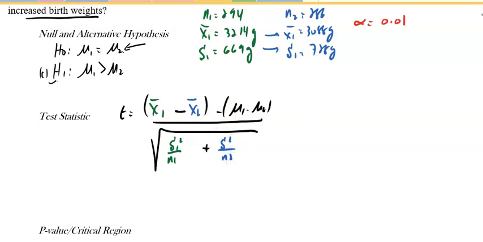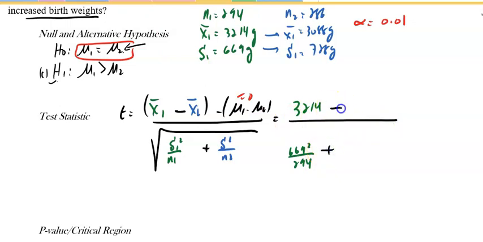Again, the assumption here is that those are the same, so this is always a 0. If I fill in the blanks, that will be 3214, and that will be 669 squared over n1, 294. And from the blue, I need the average, 3088, standard deviation 728 over 286. And if I plug this in my calculator, let me get my calculator out.